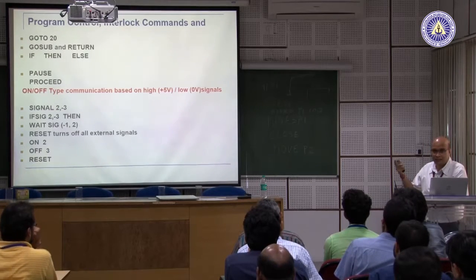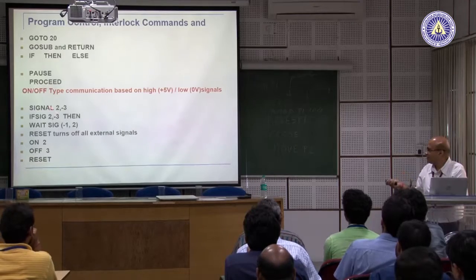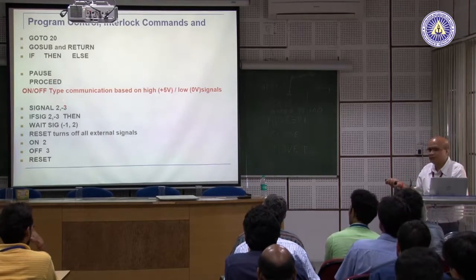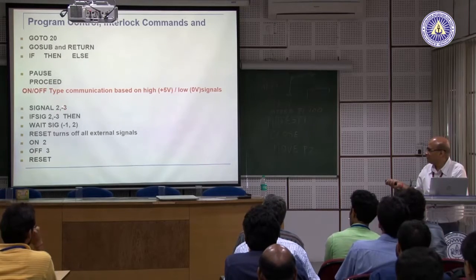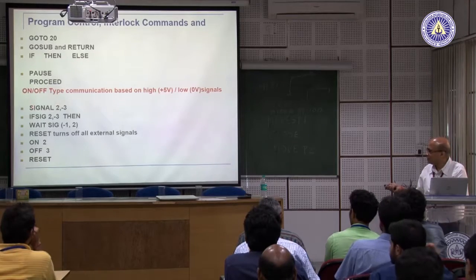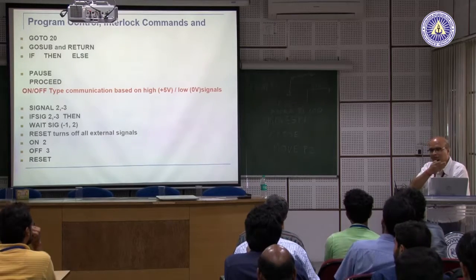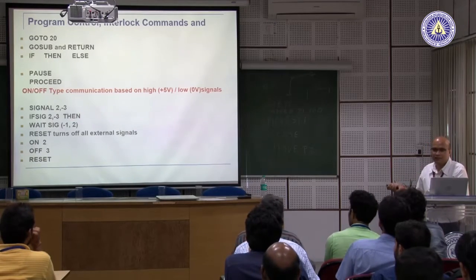If a part hasn't come, then it will remain low. In this case, for example, something else is being monitored. Is the machine free? If the machine is free, then it will be plus. If the machine is not free, it will be minus, okay. So, it will keep waiting for this signal condition. So, if this signal is satisfied, then it will do something, otherwise it will wait or it will do something else, okay. So, in this way different machines can communicate, okay.